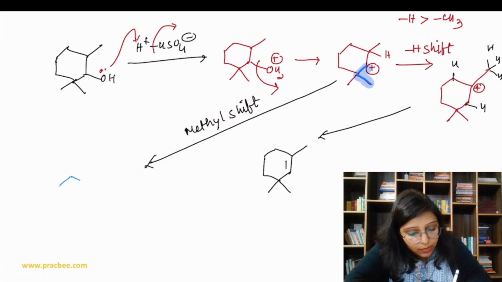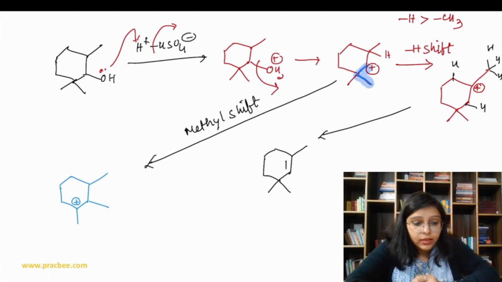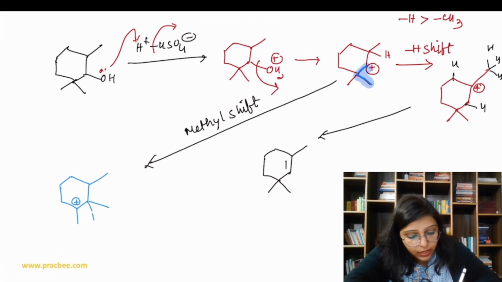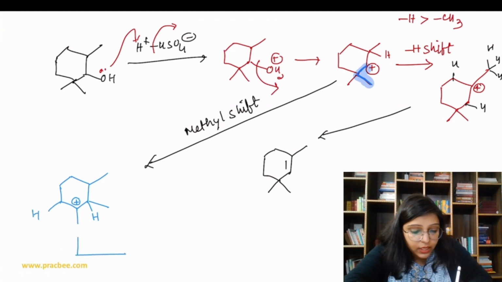Okay, so what happens? We get this carbocation, and here we have methyl, and here we have methyl. Clear? Now we have the hydrogens. If I remove this hydrogen, we have one hydrogen over here, right? But if I form the more alkylated alkene, that is going to be over here.